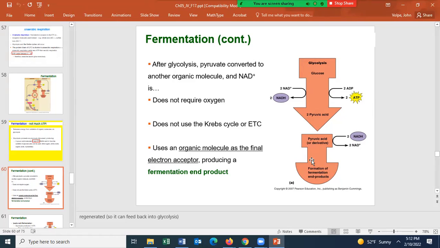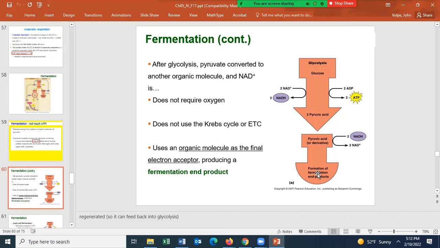But if there's no oxygen around, like when your muscle cells are trying to work, they will fall back on fermentation to generate some ATP because the muscles don't have any oxygen, so they cannot perform aerobic respiration. And that's true for bacteria too. If they're falling back on fermentation, they can generate a little bit of ATP too in the absence of oxygen.